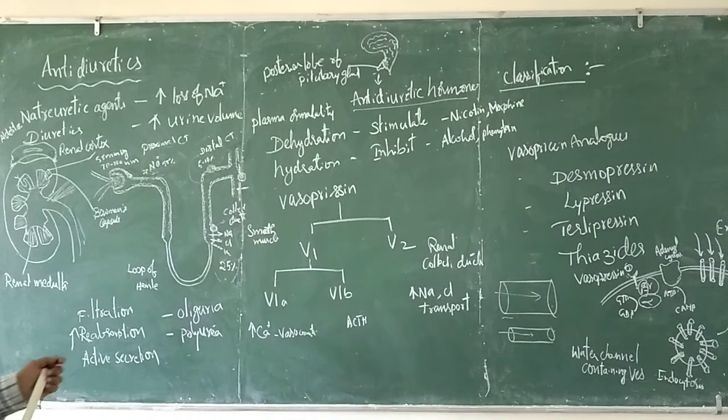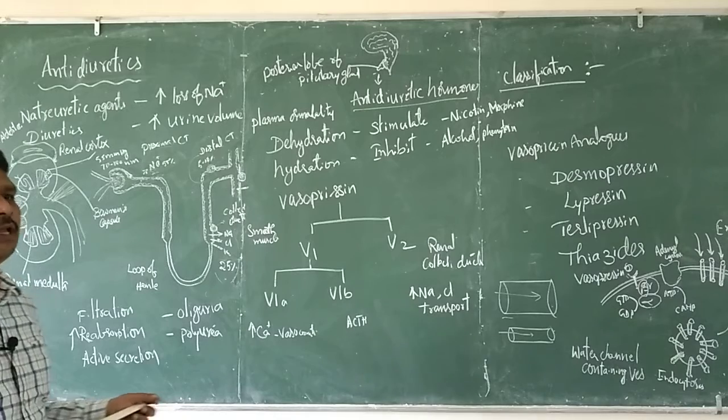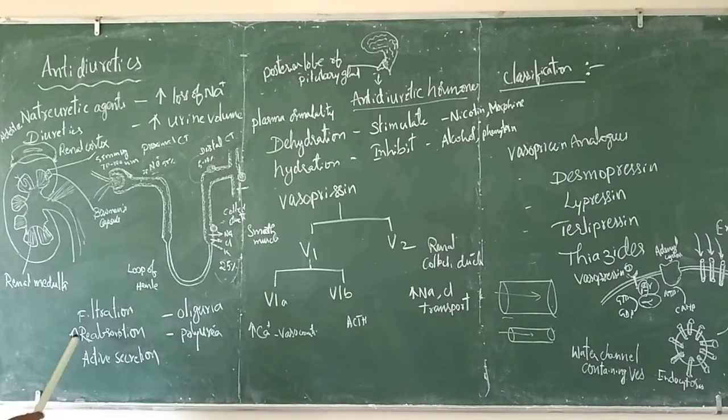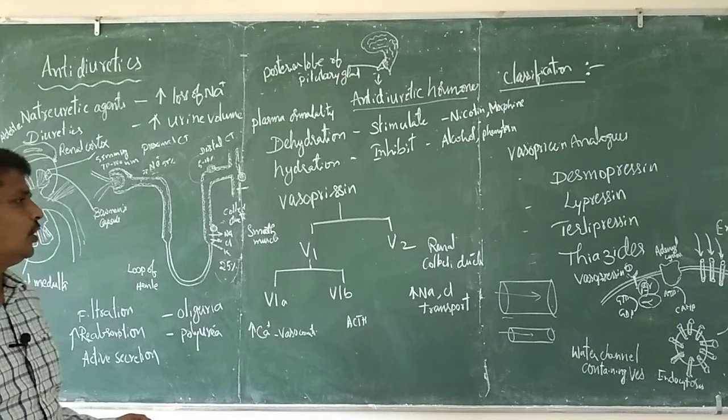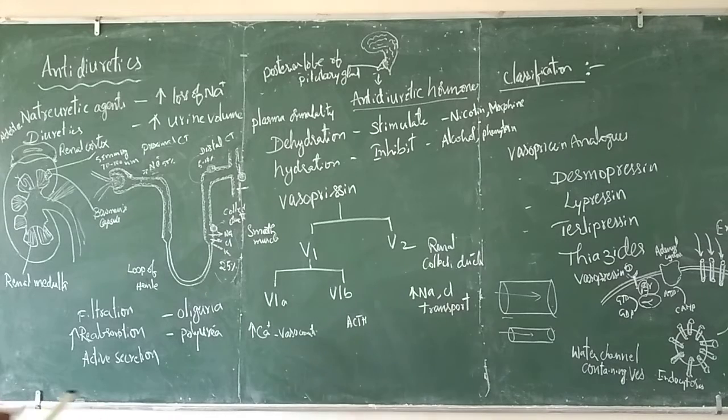Here in antidiuretic drugs, there should be increased absorption of all these minerals, so that less urine can be formed. This is exactly opposite to what we discussed in the diuretic conditions. So normally we artificially create this oliguria.